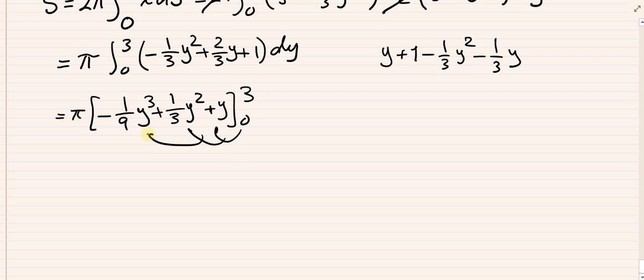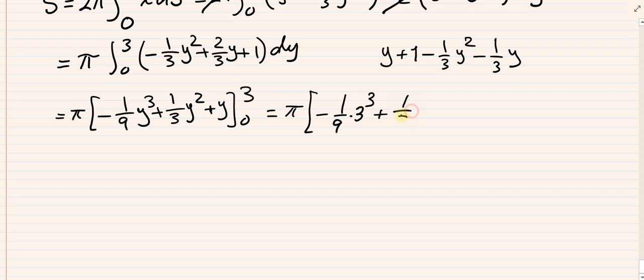The lower limit into that polynomial gives you 0, so I'm just going to plug in the upper limit, namely the 3. Negative 1/9 3 cubed, that's 27, that's good. Plus 1/3, 3 squared, 9, not so good. Plus 3.